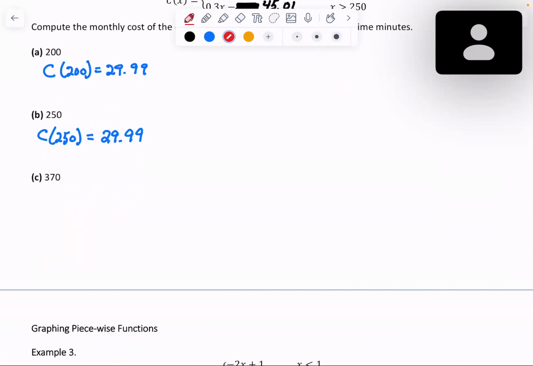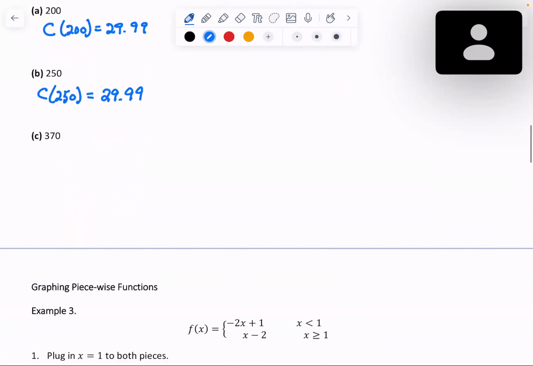So if I do that, C of 370 ends up being 0.3 times 370 minus 45.01. And when I do that, someone tell me what I get. Yeah, 65.99 is correct.